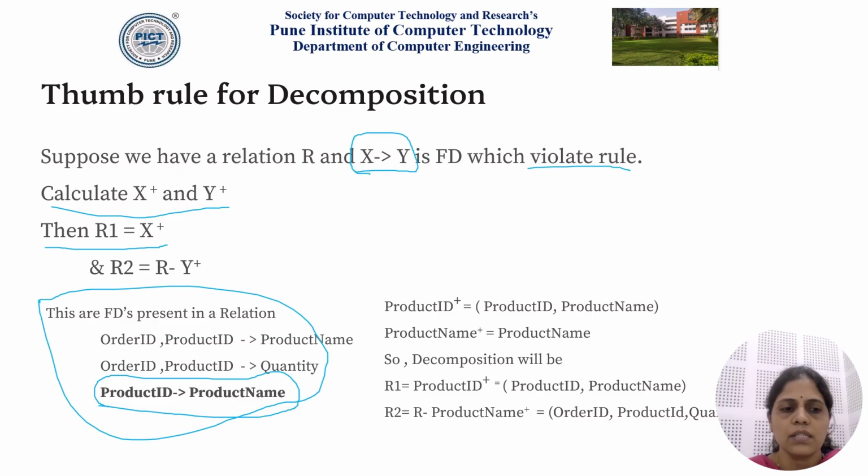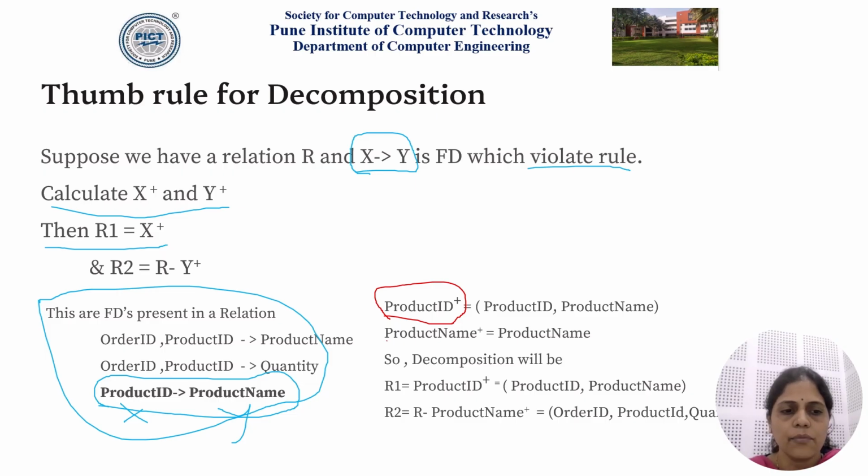This becomes my X and this becomes my Y. So I have to calculate X plus, that is product ID plus, the closure of this attribute. Find all the attributes which are identified by that attribute. The attributes identified by product ID are product ID and product name.